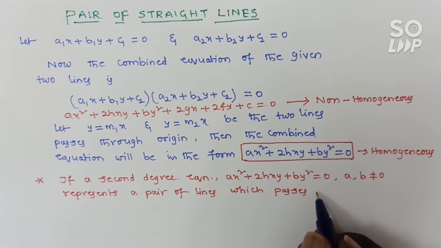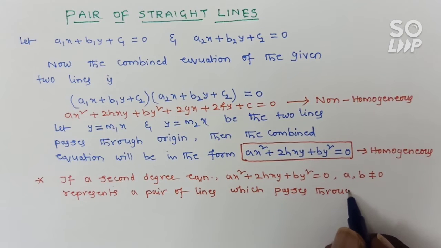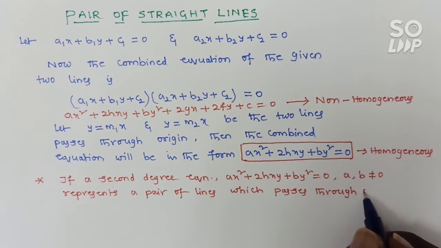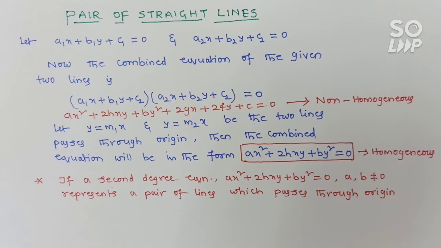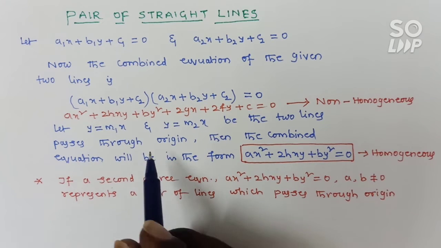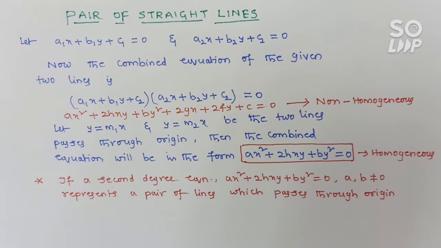So that means we have to show that the given second degree equation will represent two linear equations which pass through the origin. We know the general form of a line which passes through origin will be in the form y is equal to mx.